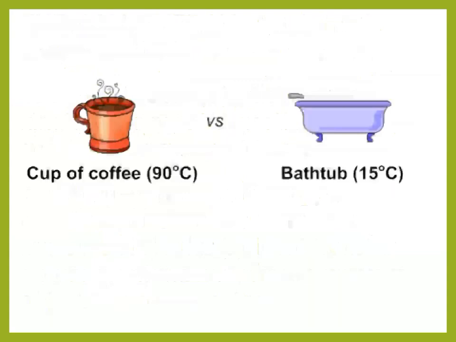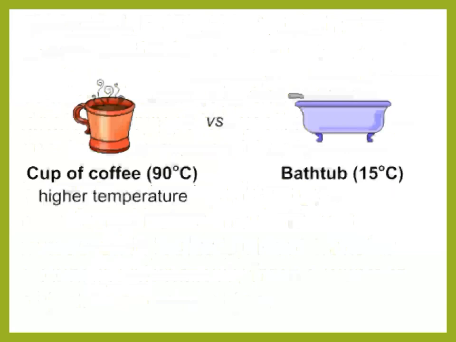So if I have a cup of coffee that is 90 degrees Celsius and a bathtub filled with water that is 15 degrees Celsius, the temperature, so the average kinetic energy that is in that cup of coffee versus the bathtub, is going to be higher for the cup of coffee. So it's 90 degrees Celsius. So it has a higher temperature.